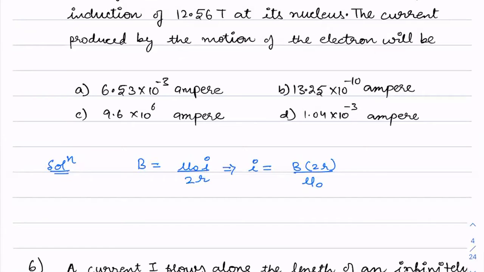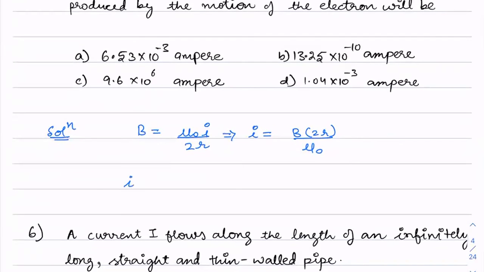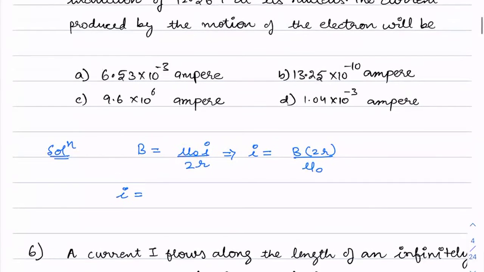The magnetic field value is given to me, which is 12.56, and the R value is given to us. The mu naught value is 4 pi into 10 to the power minus 7. So the magnetic field value is 12.56 into 2.